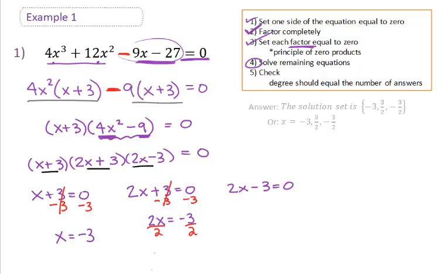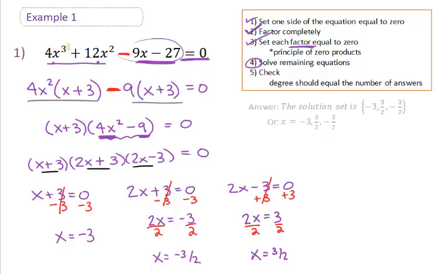So that gives us the answer, x is equal to negative 3 halves. My last one here, I need to add 3 to both sides. That gives us 2x is equal to positive 3. And then to get rid of the 2, we divide by it. So that gives us the solution of x is equal to 3 halves.